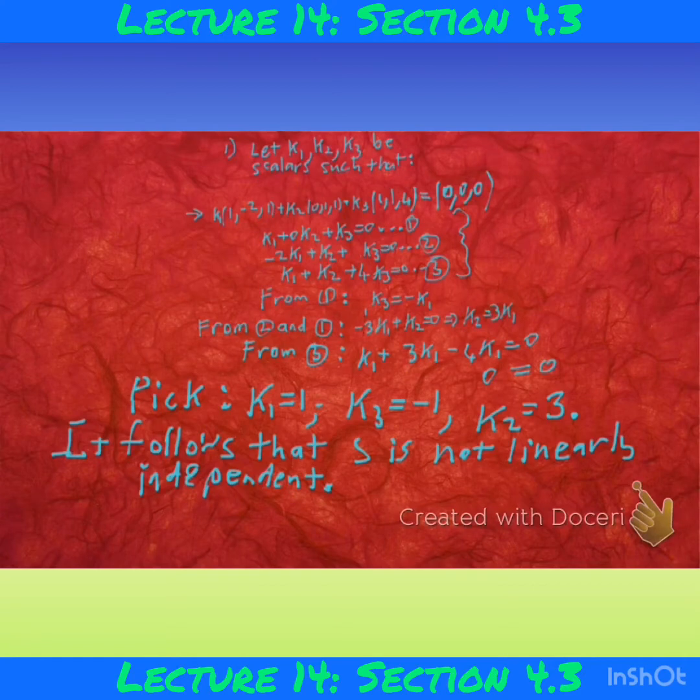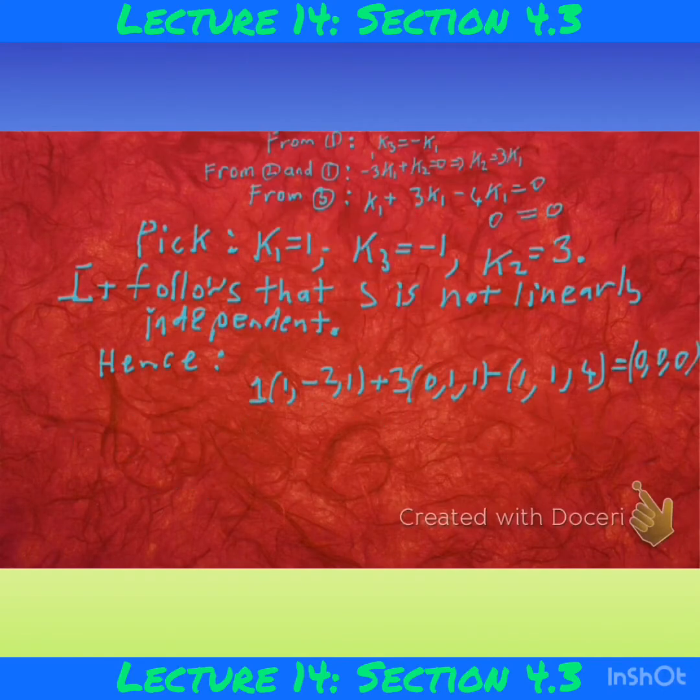Okay, so if it's not linearly independent, what is it then? It is linearly dependent. And we are asked to write one vector as a linear combination of the other vectors. Right, so how would we do that? Therefore you can write that linear combination there.